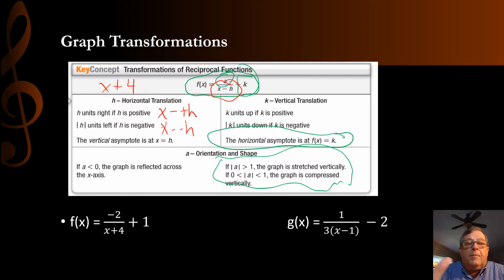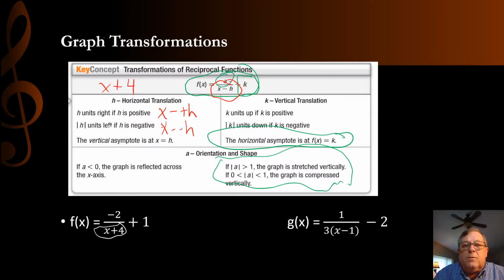So the way I like to think about it is, if I see x plus 4, it's really moving it to the left. That's because we've got a negative situation, which makes that value positive. And if h is negative, it's going to move it to the right.